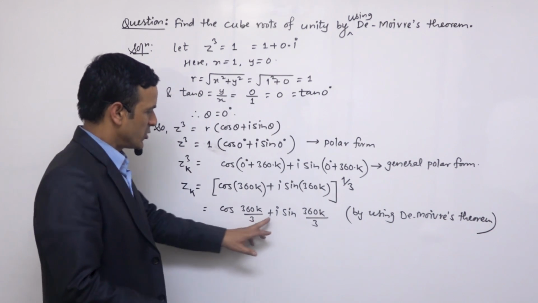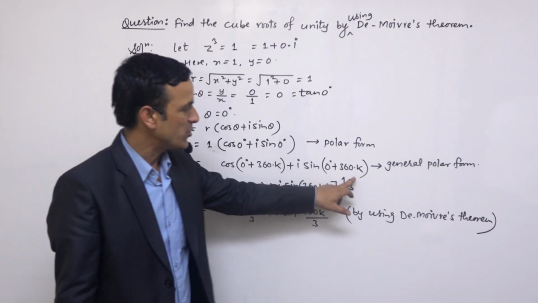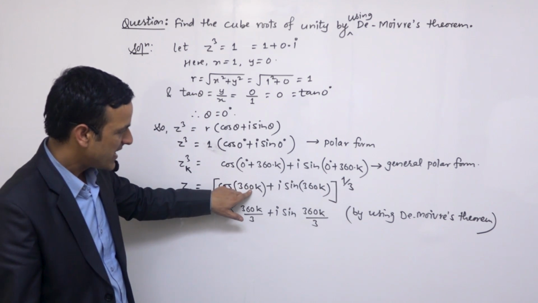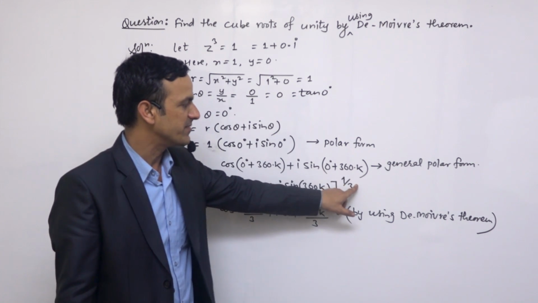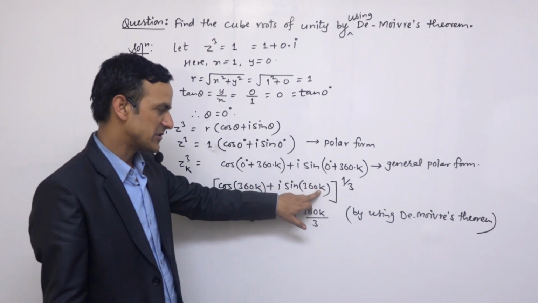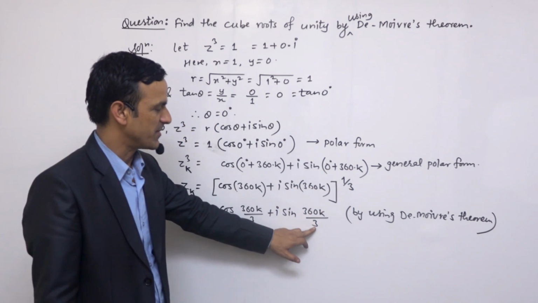So here यो स्टेपमा हामीले de Moivre's theorem युज गर्यौं. दिएको एंगलमा यो पावर n ले मल्टिप्लाई गर्ने. 360k भनेको थीटा, थीटा इन्टु n, 1/3 भनेको n, n टाइम्स थीटा गर्दा यो रिजल्ट आउँछ. So n थीटा लेख्दा यो स्टेप आउँछ.